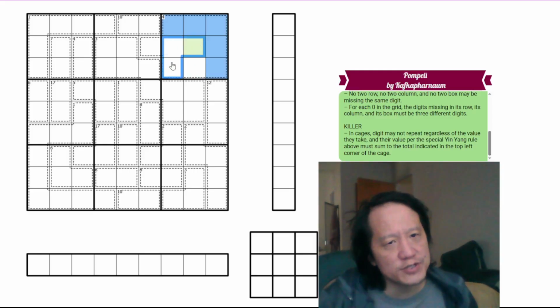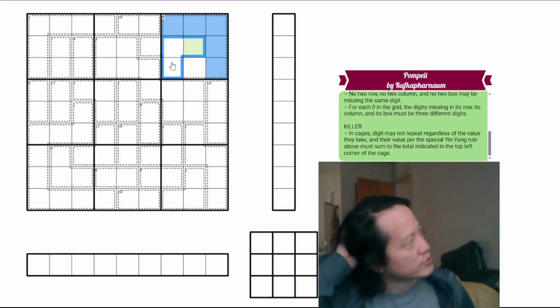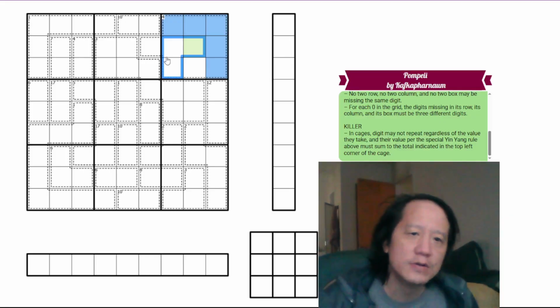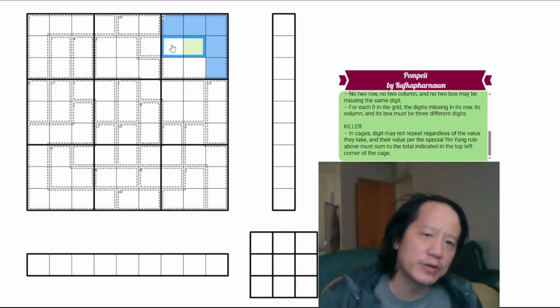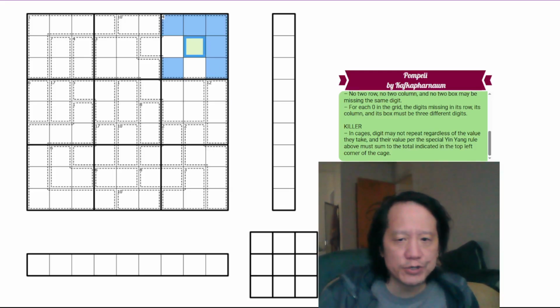You can't have 3 digits which add up to 4, because you don't have the 0 with it. It would be 1, 2, 3 at minimum. So it has to be a 1-3 pair. This could go out this way, and then this is the same shading as the 0 in the box. We know this is blue. That's interesting. So this is 1 or 3 here.